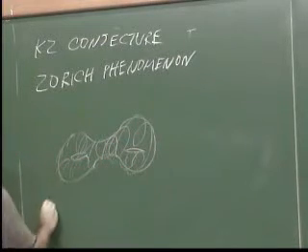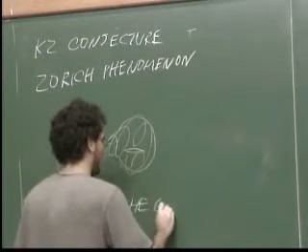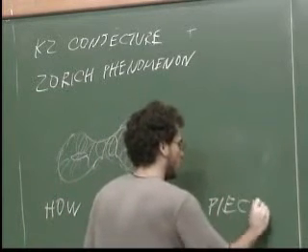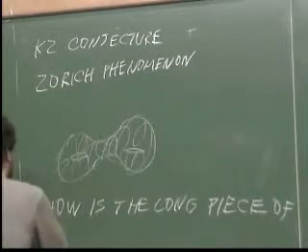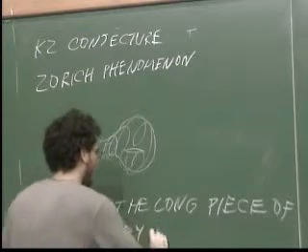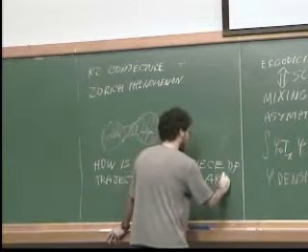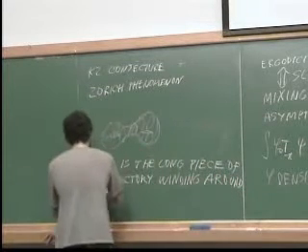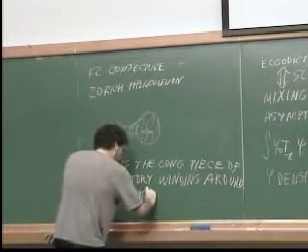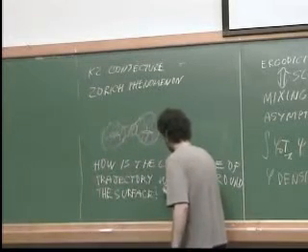So you ask how the long piece of trajectory is winding around the surface. One basic reference for this kind of question is a paper of Schwartzman.